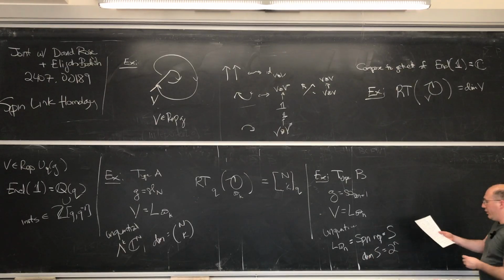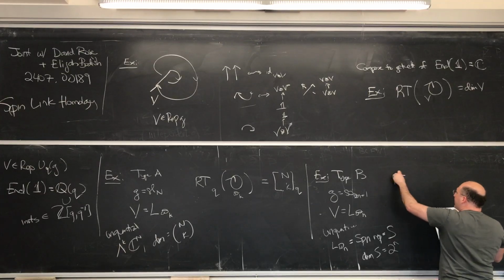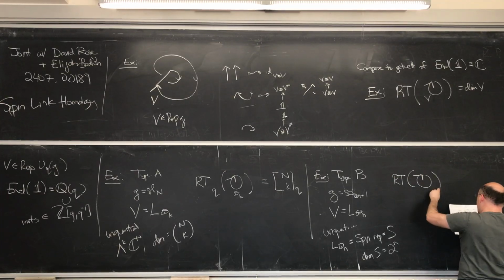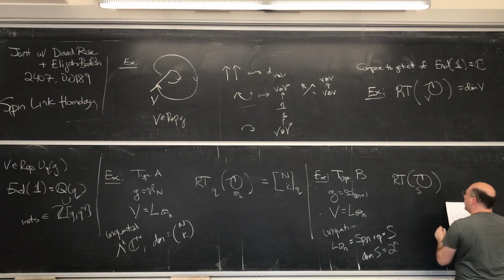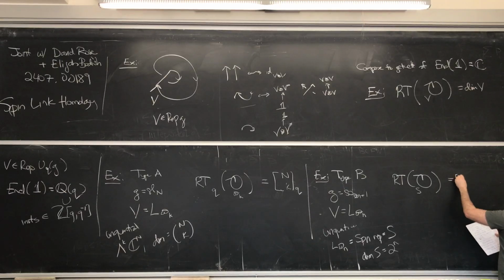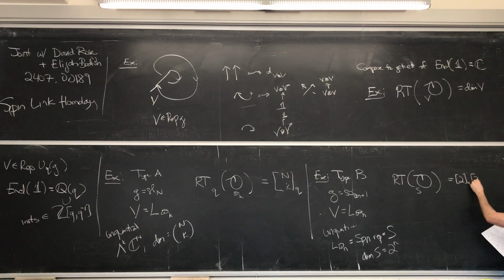When you take the Grothendieck–Turaev invariant, you take the quantum dimension. For S, you get quantum 2 sub q, quantum 2 sub q cubed, quantum 2 sub q to the 5th, all the way up to quantum 2 sub q to the 2n minus 1. You get a power, like a quantum 2 power.